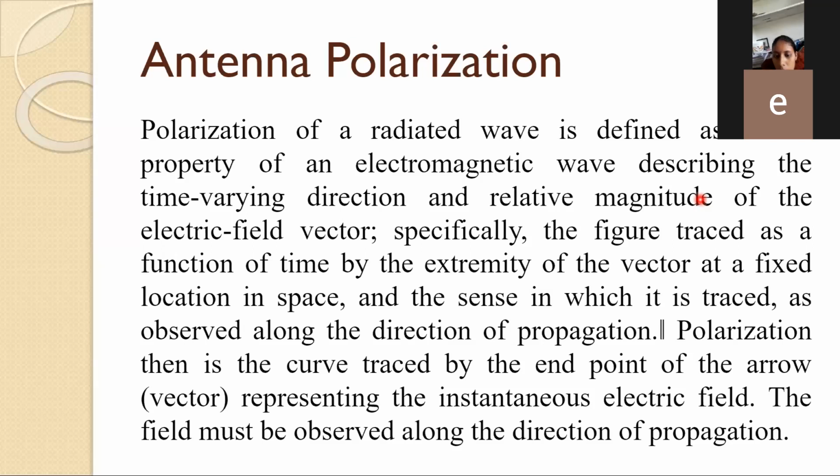The direction of the antenna and the polarization are related: if an antenna is vertical, it will radiate vertically polarized waves, and a horizontal antenna radiates horizontally polarized waves.